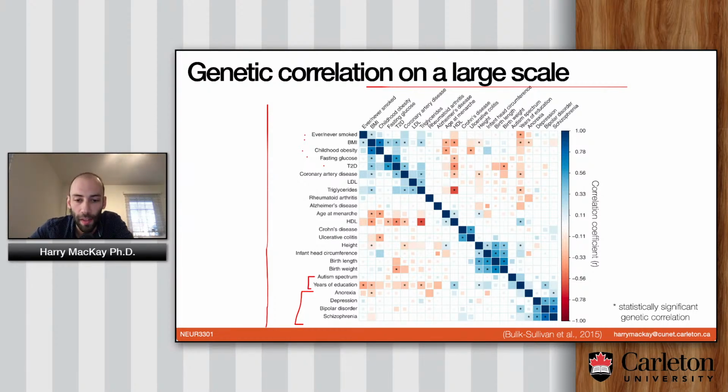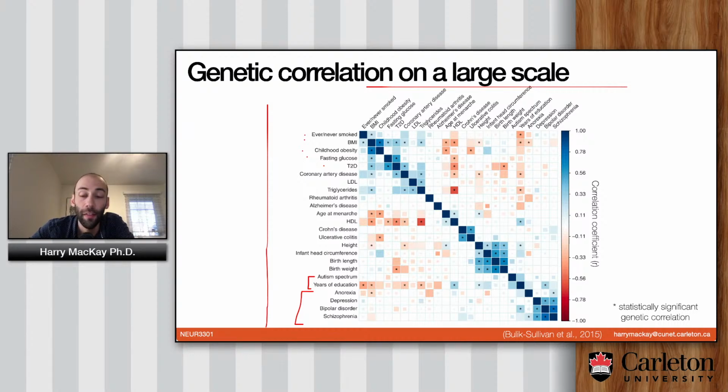So you have all these things together, and if you follow from one row to one column, you can see the correlation that's been calculated between the genetics of these things.